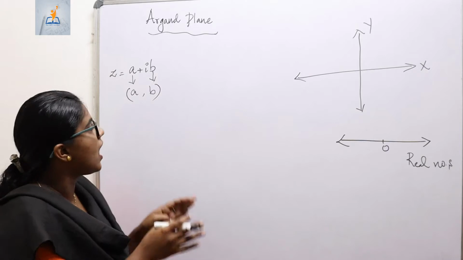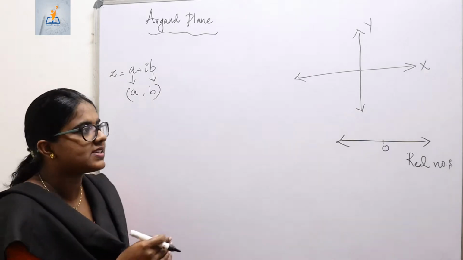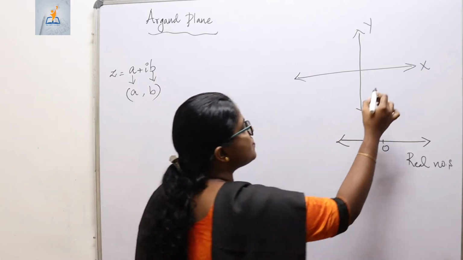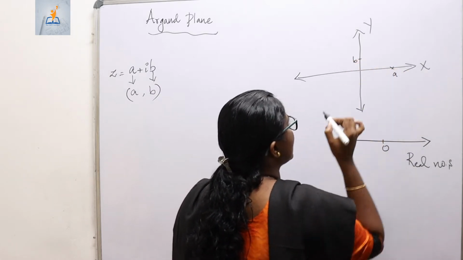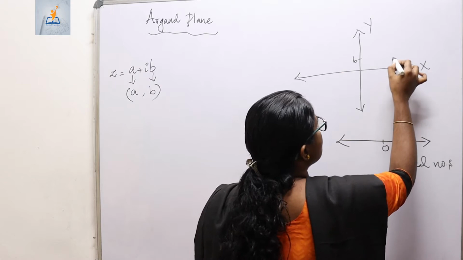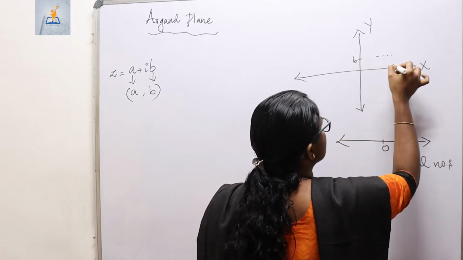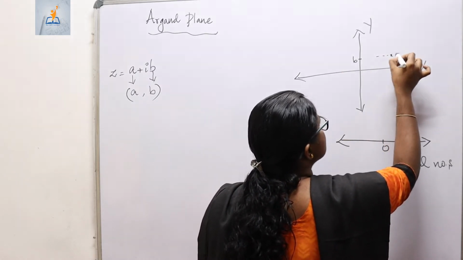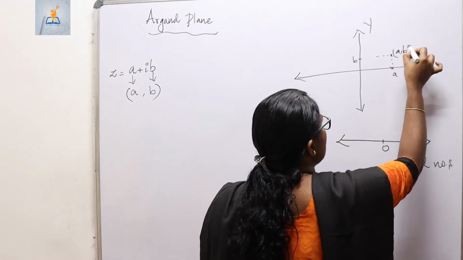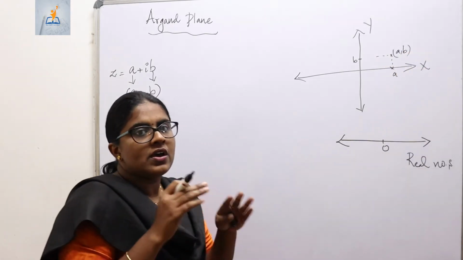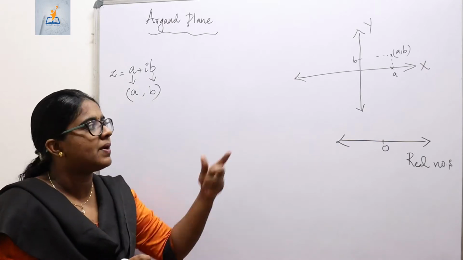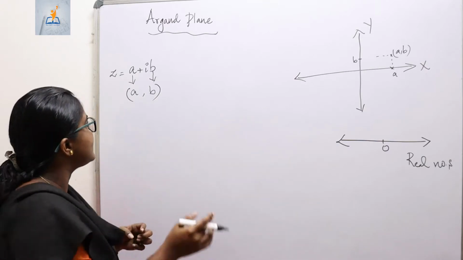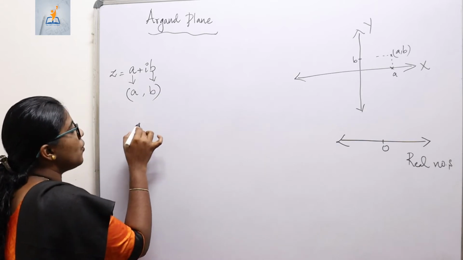And we learned how to represent a coordinate in a plane, and if this is a in x-axis and if this is b in y-axis, then (a, b) is the point of intersection of these two lines, that is this point. So this is (a, b).